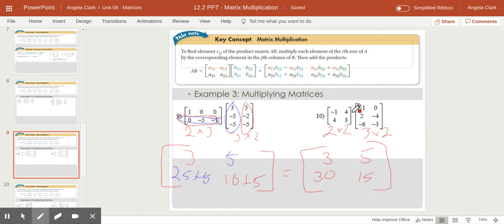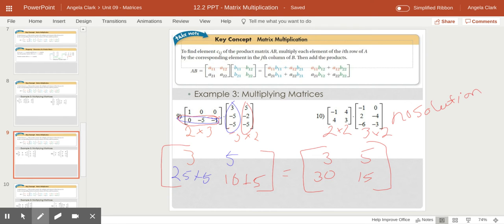I don't have a third thing to multiply it with. That's why they have to match, because the numbers we're multiplying don't work out if these two numbers don't match. So this is physically impossible. I can't multiply these. So this is going to be no solution.